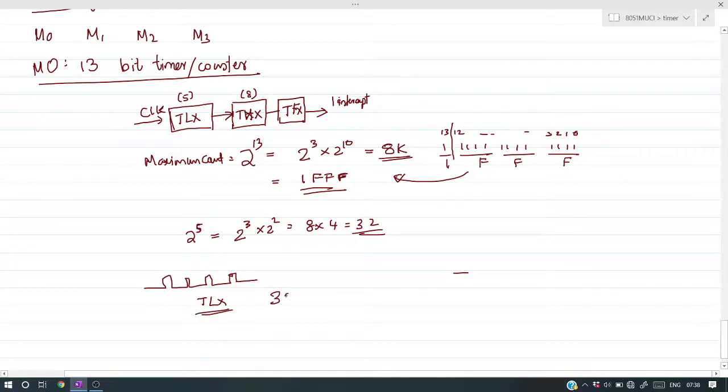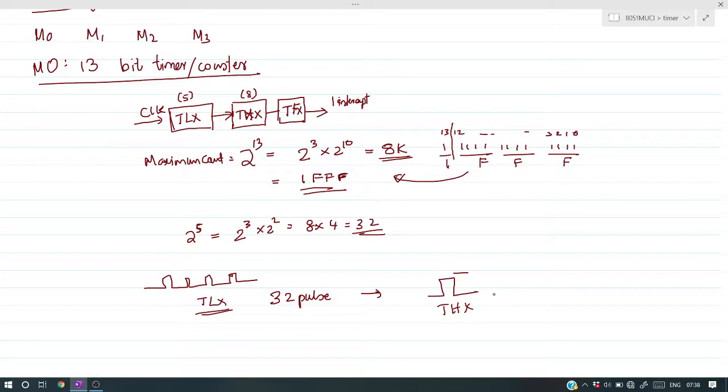After 32 clock pulses, we can obtain an increment over THX. Clear? So it will overflow after 2 raised to 5, that is 32 pulses.